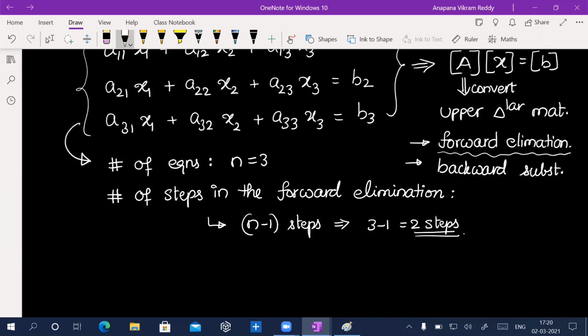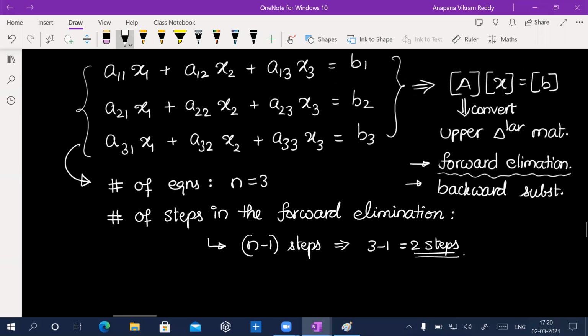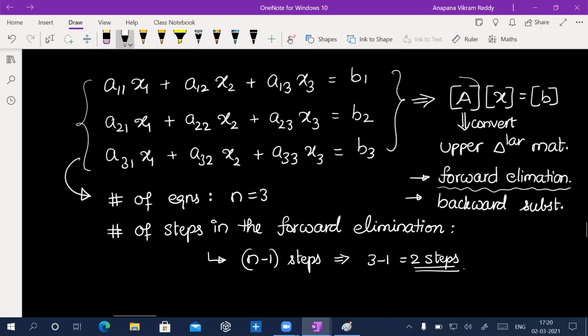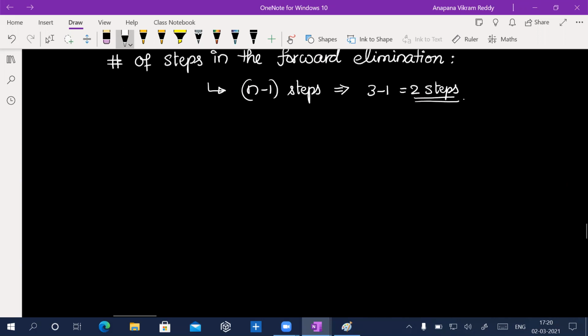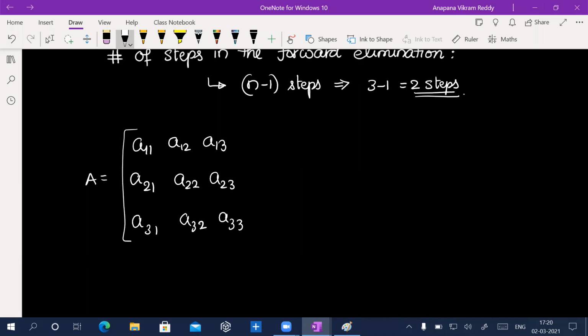Within 2 steps, see, what is my coefficient matrix A? My coefficient matrix A is A11, A12, A13, A21, A22, A23, and A31, A32, A33.